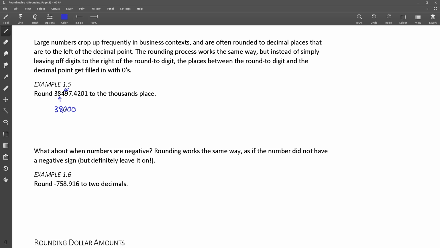It could have a comma there. It may or may not, depending on how big it gets. It could have a decimal here. It could have zeros after the decimal. Those don't actually matter. When you are rounding to the thousands place, what you're looking for is zeros anywhere to the right of the thousands place, and that's what you have with 38,000.